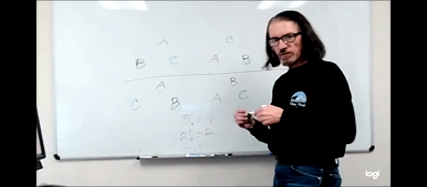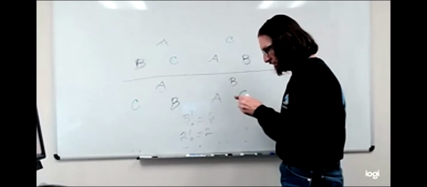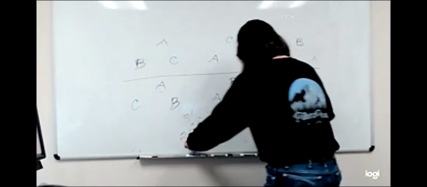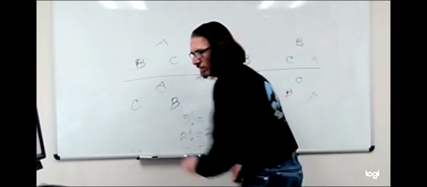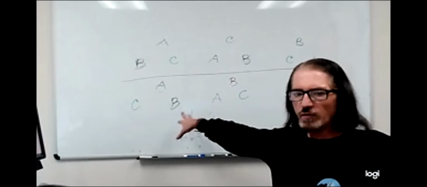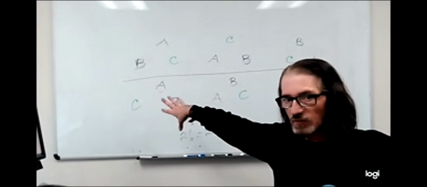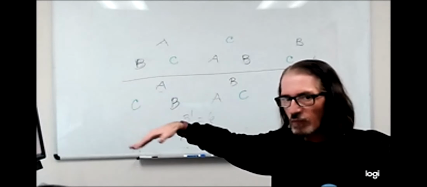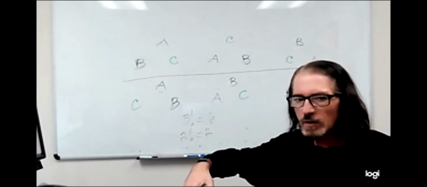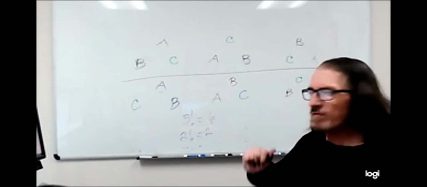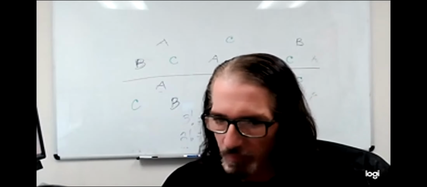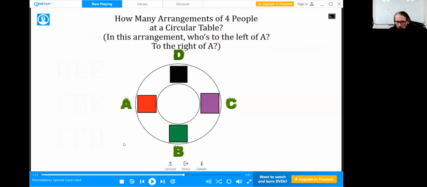To illustrate this a little bit further, it may not be the best animation, but give me a moment here. My claim is that if we have 4 things to arrange, but in a circle instead of a line, instead of 4 factorial equaling 24, we're going to have 3 factorial giving us 6. So this animation is probably something that I'm going to wish to redo. What I did was color-code the seats that they're in.